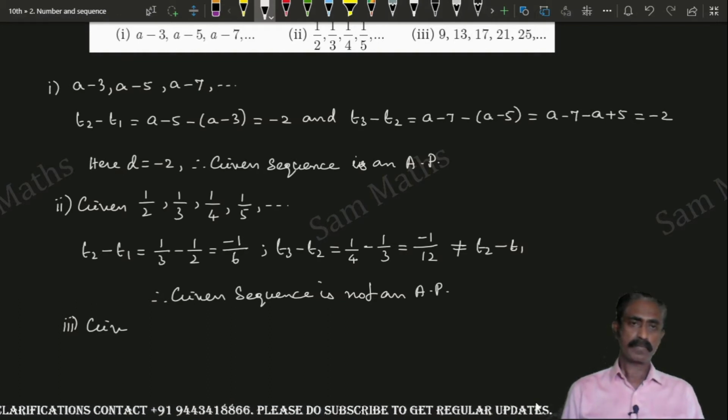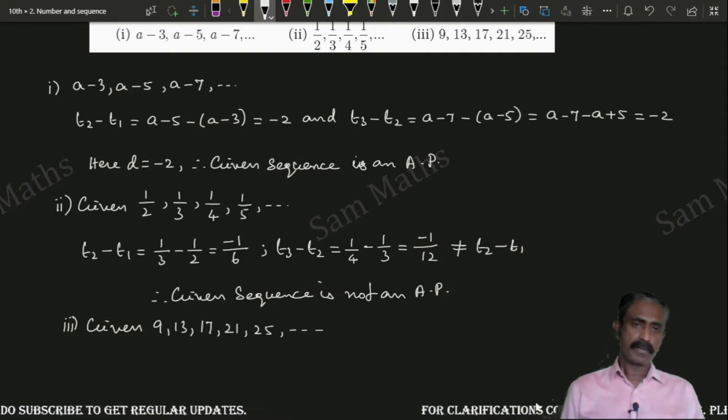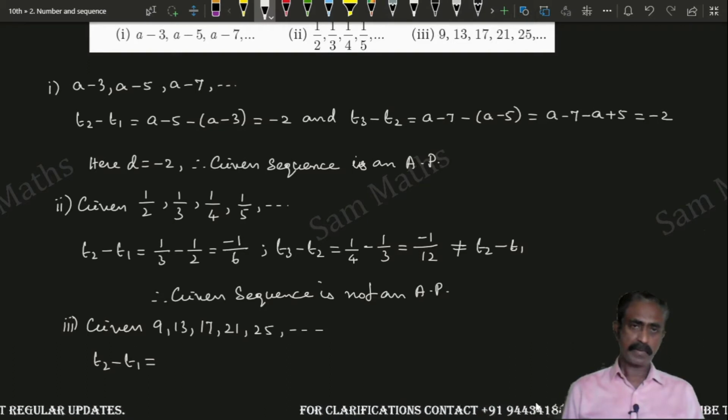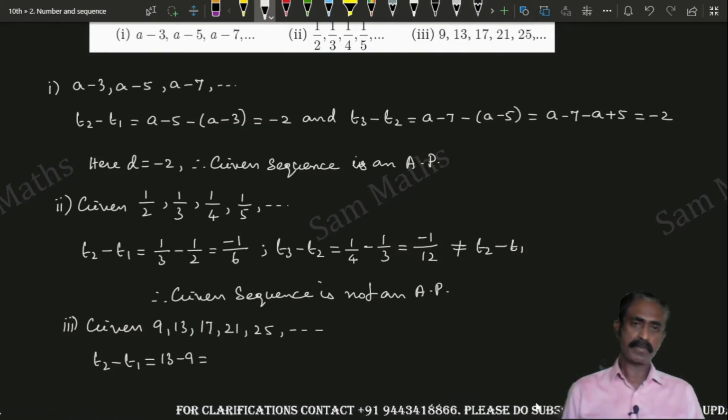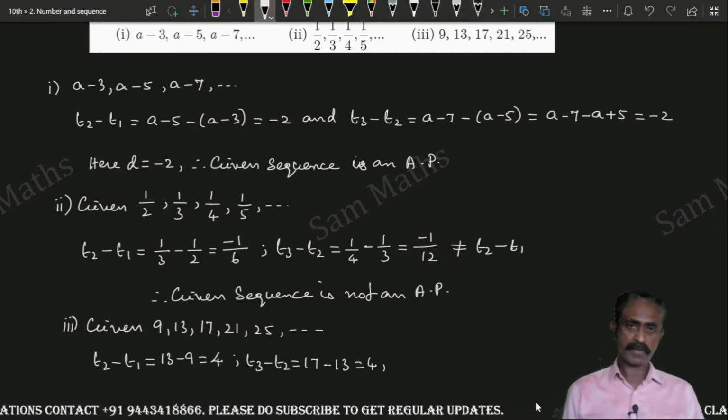Given 9, 13, 17, 21, 25, etc. Here T2 minus T1 equal to 13 minus 9, that is equal to plus 4. T3 minus T2 equal to 17 minus 13, it's plus 4.